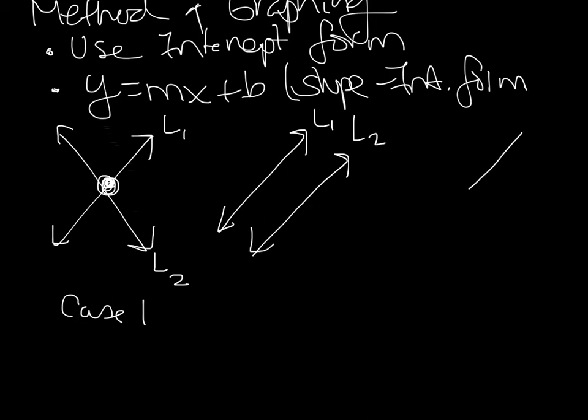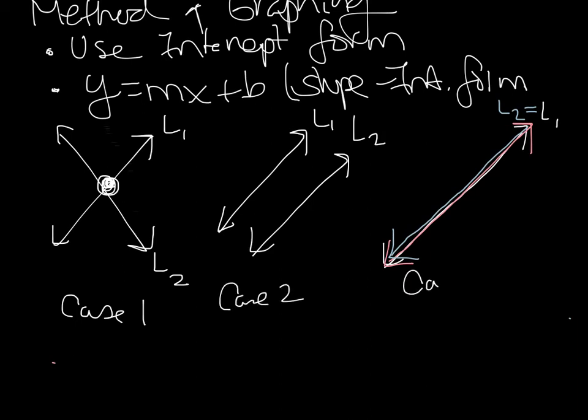And finally, what if you graph line 1, maybe make this in pink, and then you graph the other line, and it happens to be the same line, so it's on top of each other. So here, line 1 is equal to line 2. So you have three cases: case 1, case 2, and case 3. Here you have one solution.